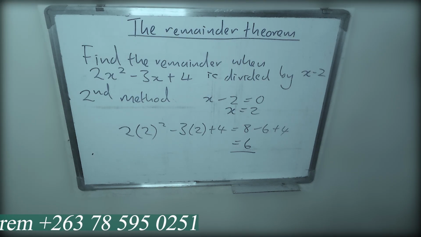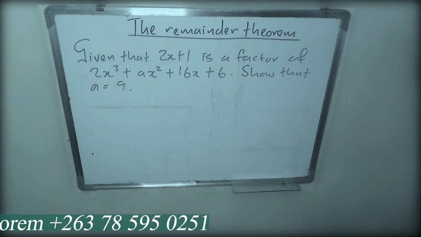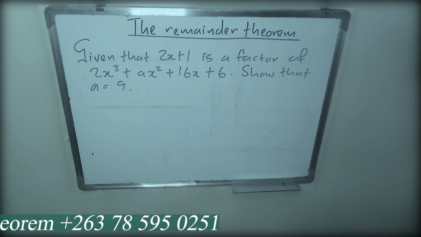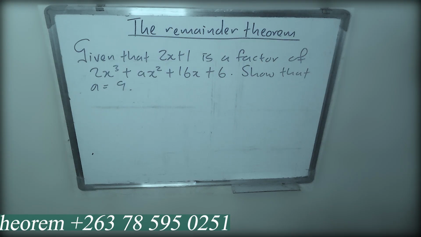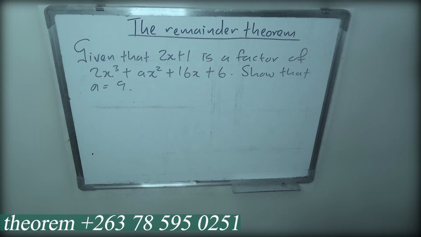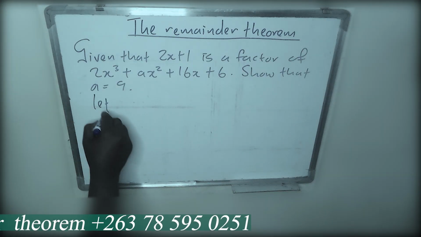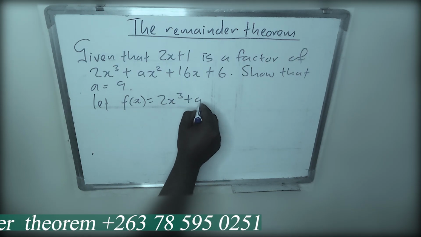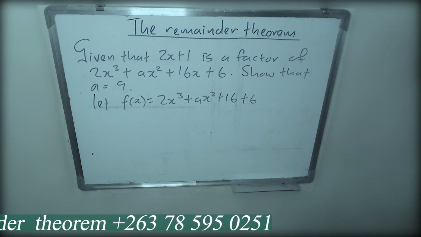So let us look at the following examples. This question says, given that 2x plus 1 is a factor of 2x cubed plus ax squared plus 16x plus 6, show that a is equal to 9.